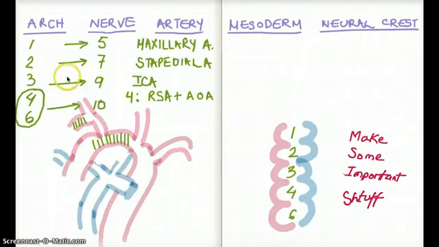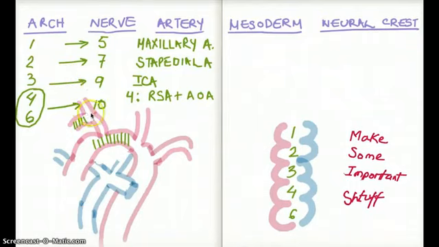Well, common carotid later becomes internal carotid. So the internal carotid is going to arise from brachial arch 3. The pink shaded area is going to be supplied by brachial arch 3. The green shaded area is going to be supplied by brachial arch 4.